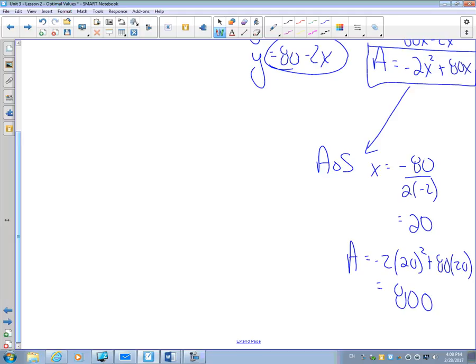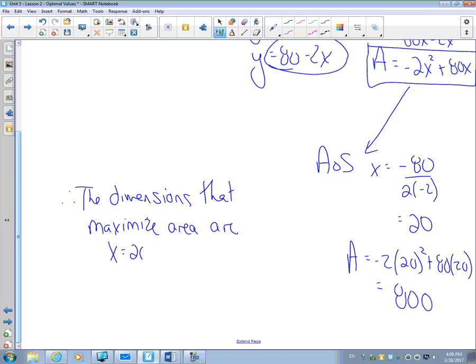Now the question was, what are the dimensions? The dimensions that maximize area are, well, we figured the x should be 20. How do I get y? Right here at the top of the board, we said that y is equal to 80 minus 2x. Well, we just said x was 20, right?